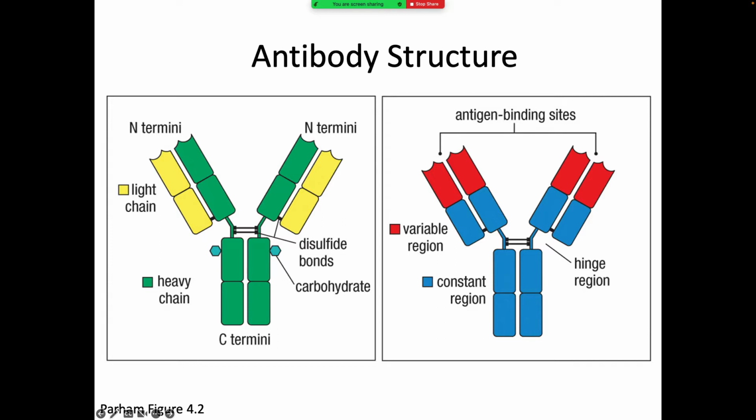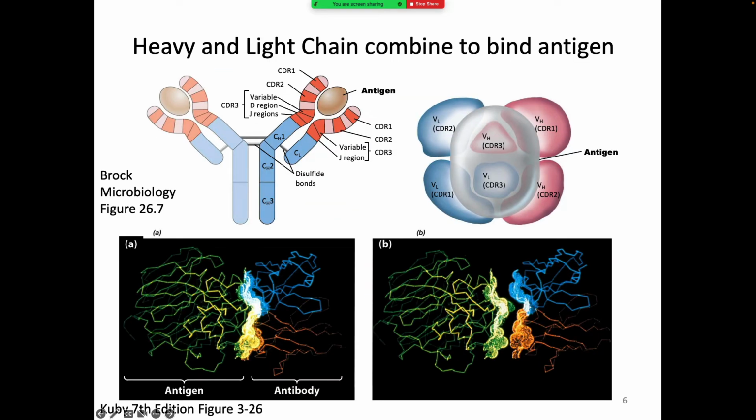The variable region is making up the end of the Fab, the fragment for antigen binding, and of course is thus responsible for antigen binding. In order to bind the antigen, the heavy and the light chain are coming together and combining to bind antigen.